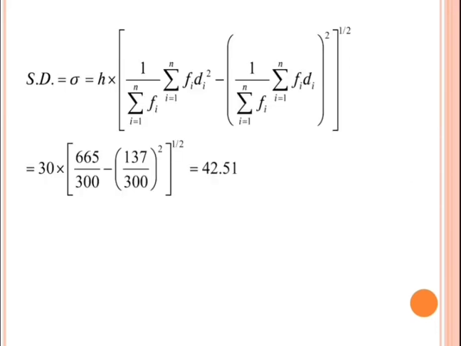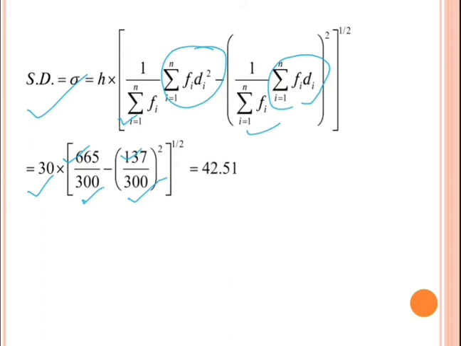Now we'll write the formula of standard deviation over here. h into h is 30. Now summation of fi di square, the last column, is 665, divided by summation of fi, that is 300, minus the total of fi into di, which was 137, divided by total fi, that is 300, all squared.